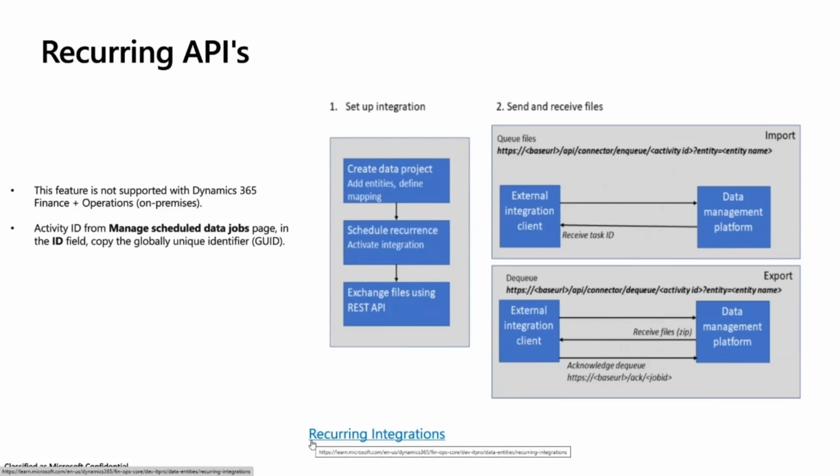Synapse Link leverages the Dataverse platform even when the data is coming from Finance and Operations applications. It is also designed to provide integration with Microsoft Fabric with a SaaS option, which is currently in preview. It is imperative to be aware that once the data leaves Dynamics applications, RBAC, the embedded security, doesn't apply anymore, and a new security definition must be applied on the services involved, like Data Lake or Synapse.